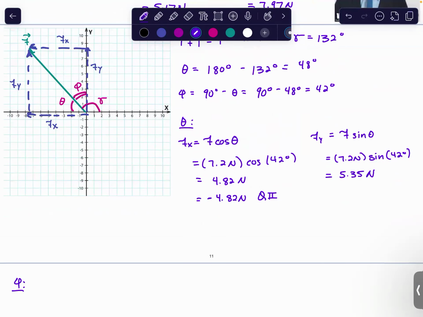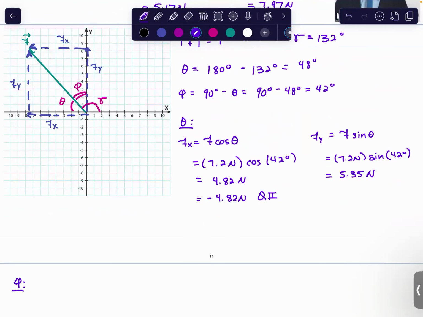If you look at the angle phi, the y component's also adjacent to the angle, so it's going to get the cosine function. And this will give you back your 5.35 newtons.